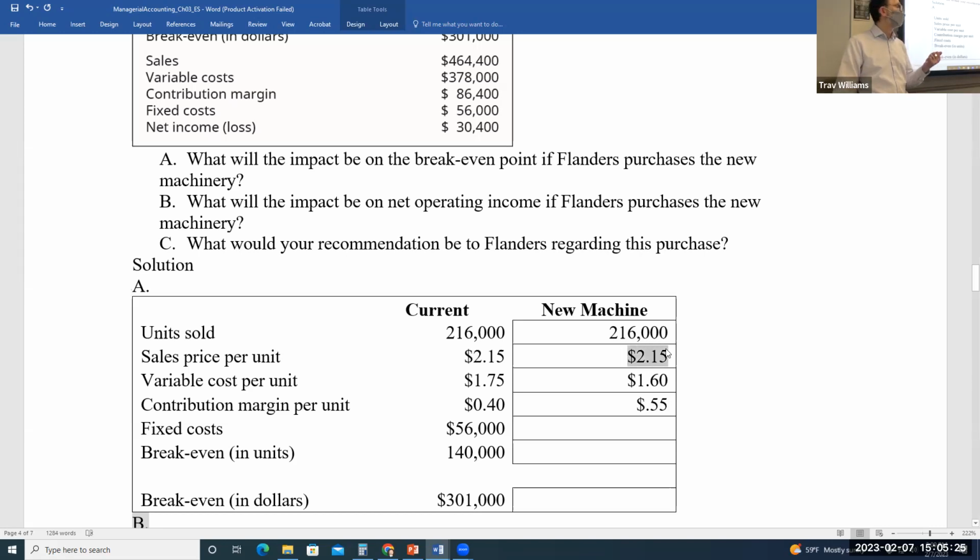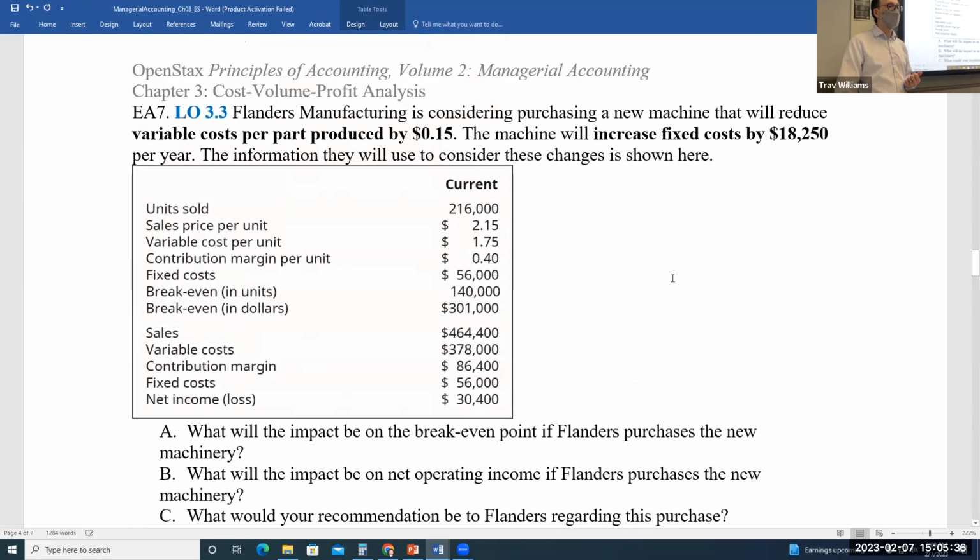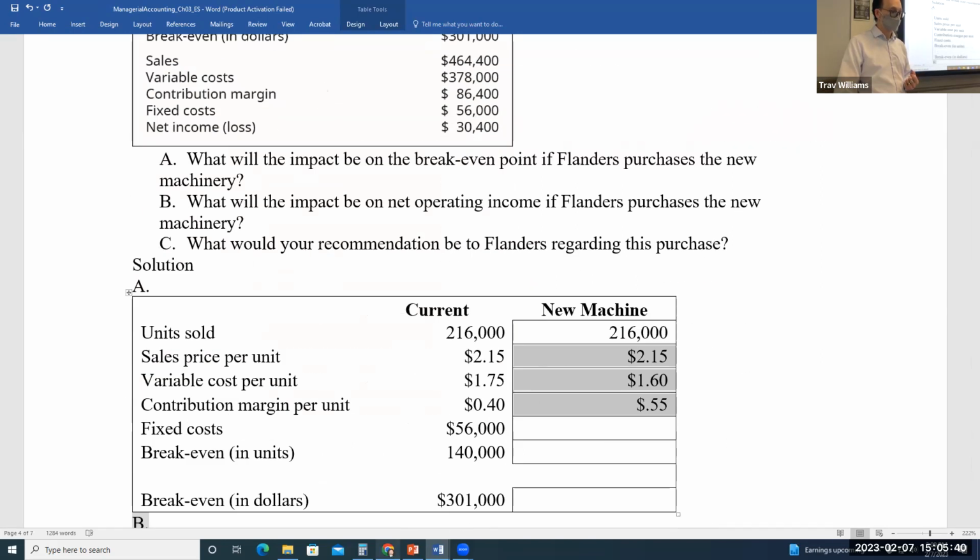We take the same price, but subtract the new variable costs, and we get a new contribution margin. Have our fixed costs changed? Those were going to go up, right, by 18,250. So that brings us up, I believe, to $74,250. Correct? Yes. Okay.